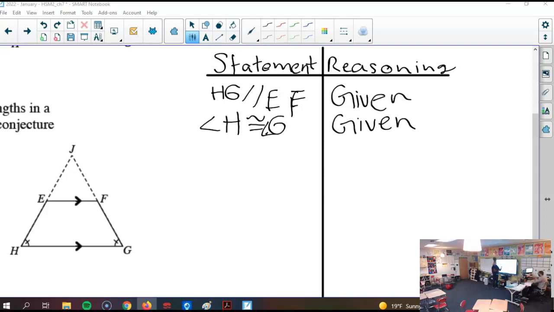So triangle HJG is isosceles. Can I ask a question? Beyond being able to say that JH and JG are congruent to each other, and beyond saying that angle H is congruent to angle G, what is defining that HJG is isosceles going to do for you?